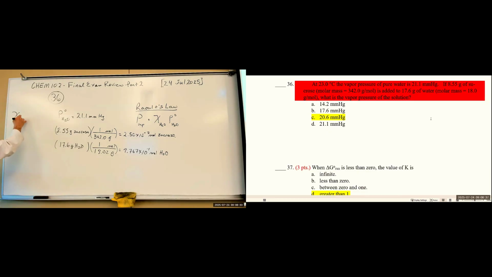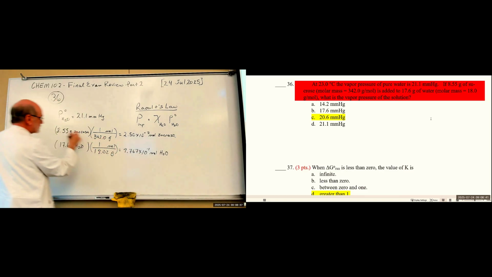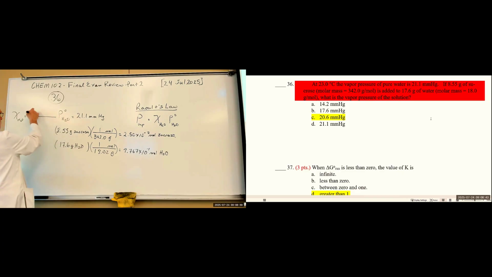Mole fraction of water would be equal to the moles of water, 9.77 times 10 to the minus 1, and then the total is 9.77 times 10 to the minus 1 plus 2.50 times 10 to the minus 2. And that's it. That's the mole fraction.